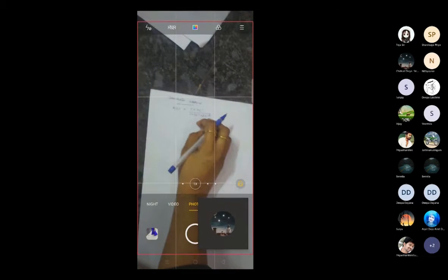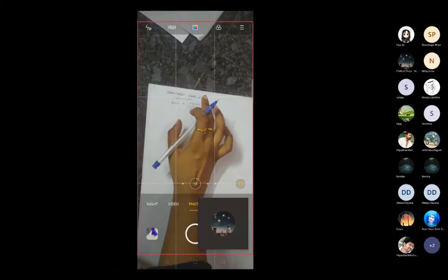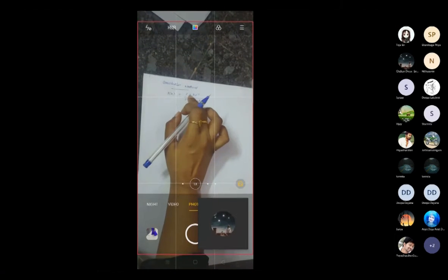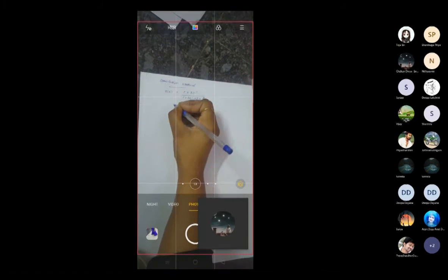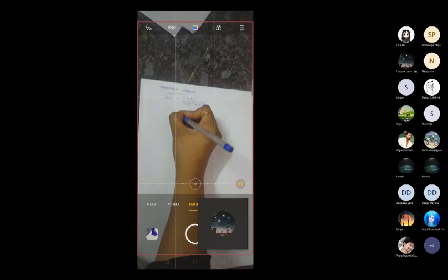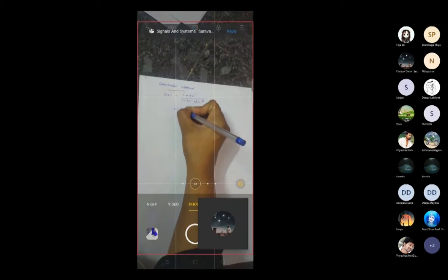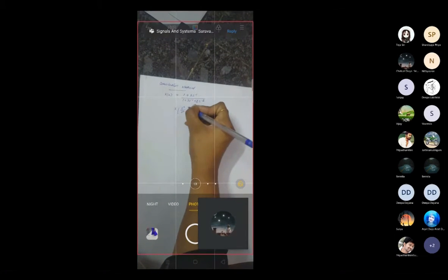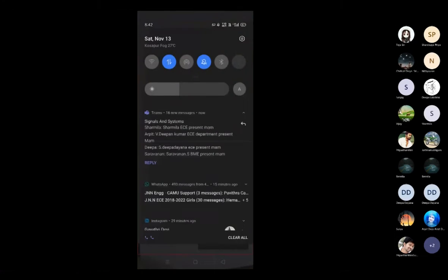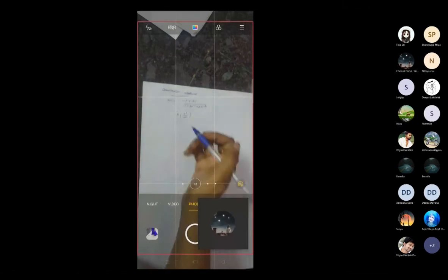First, same method, you have to convert all your z inverse to z. To do that, you multiply and divide the given expression by the higher order, here z square. So in numerator and denominator you multiply by z square.